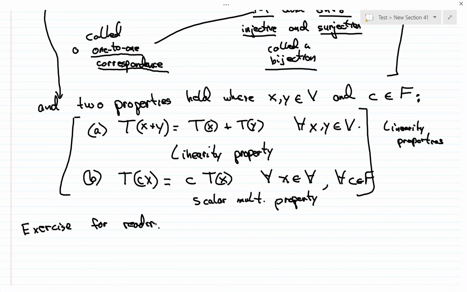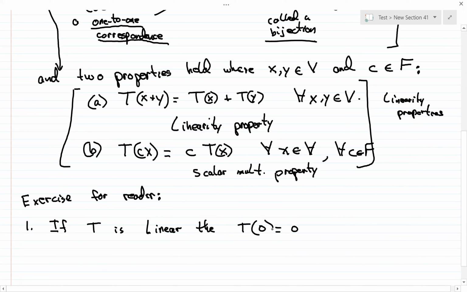If T is linear, then T of 0 equals 0. However, be careful. These zeros are vectors, and this one here is too, so be careful.